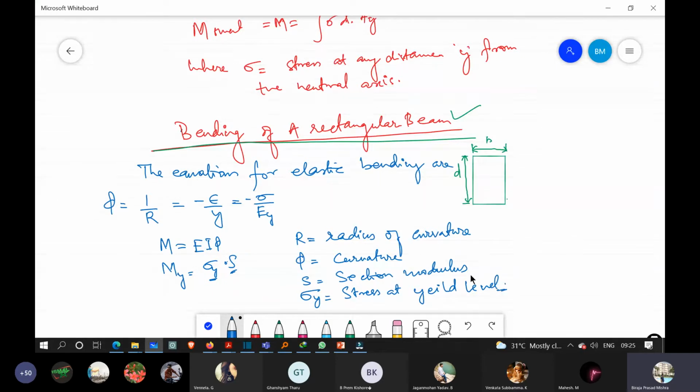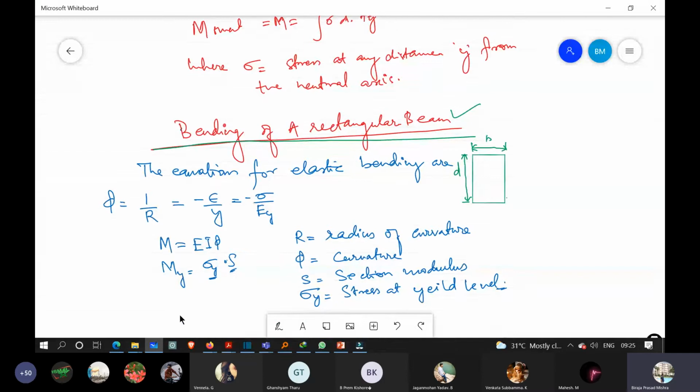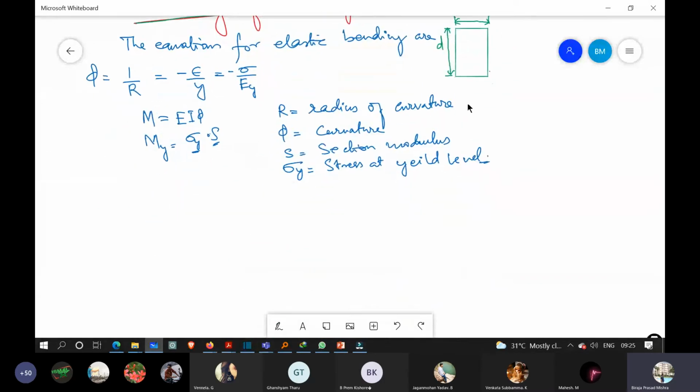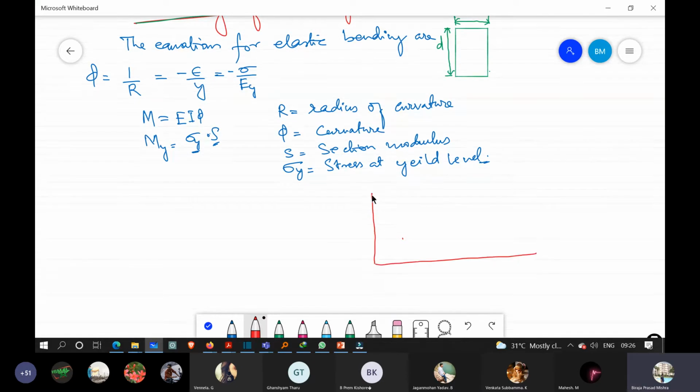Now let us consider this rectangular beam over here. In a rectangular beam we have three different stress levels. For this rectangular beam we have stress and strain levels, and there are different stages.